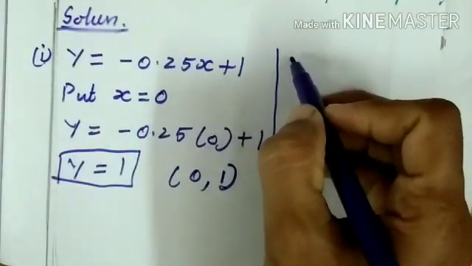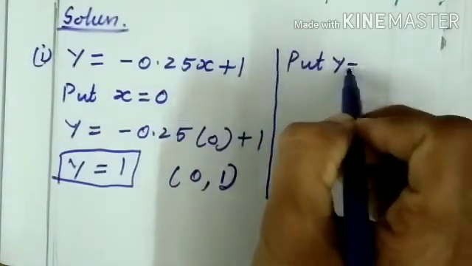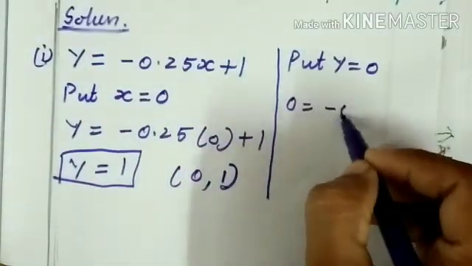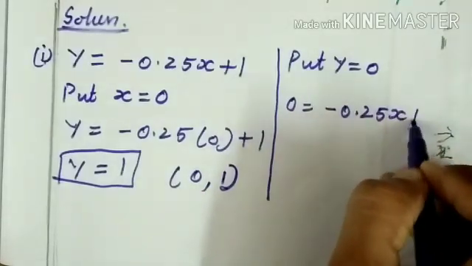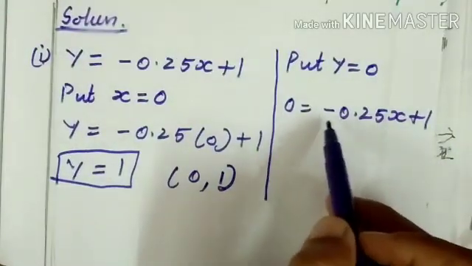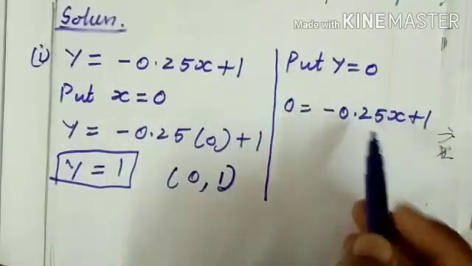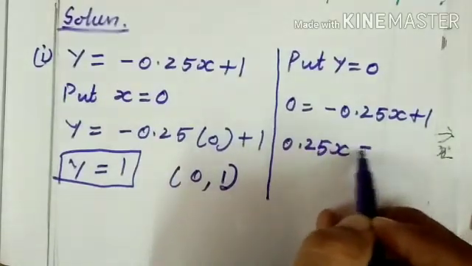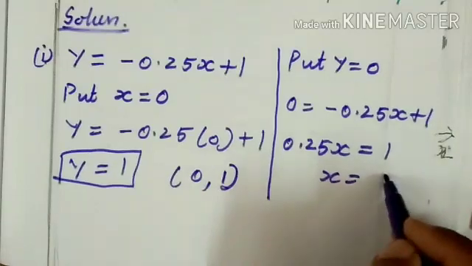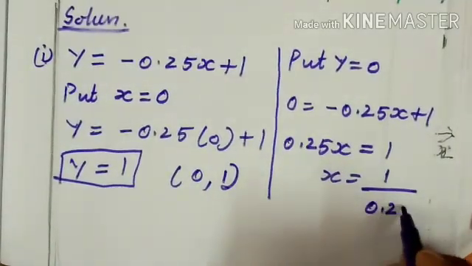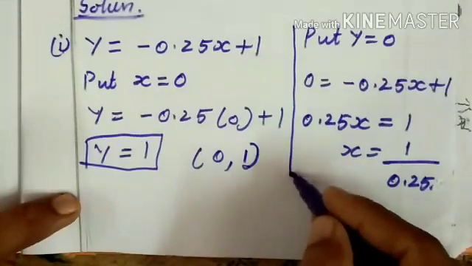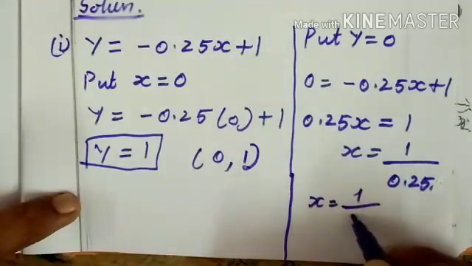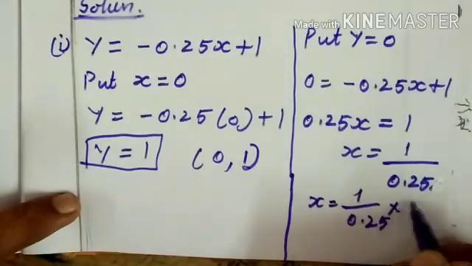Then next you put y is equal to 0 in this equation, that is 0 is equal to minus 0.25x plus 1. Transposing this x term before the equal sign, it becomes plus 0.25x is equal to 1, that is x is equal to 1 by 0.25. For removing the decimal, you have to multiply by 100 both numerator and denominator.